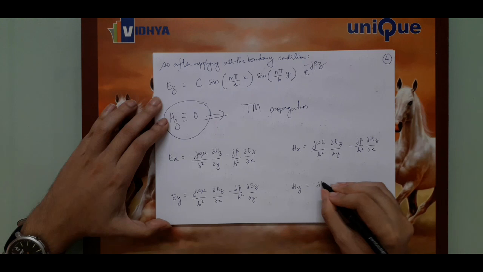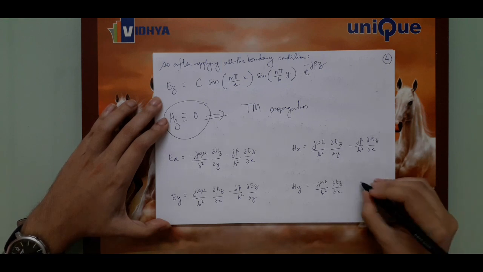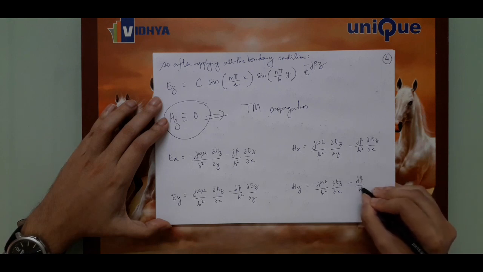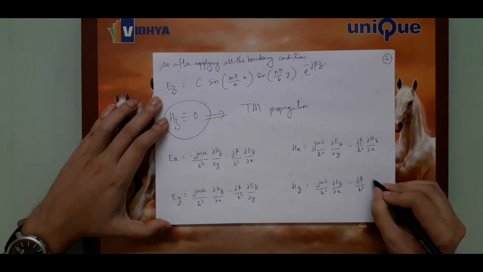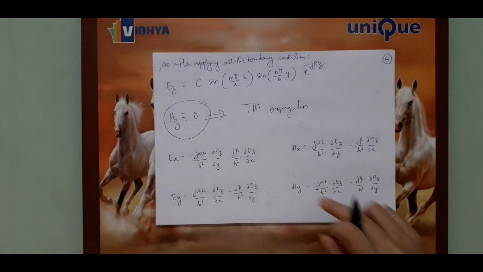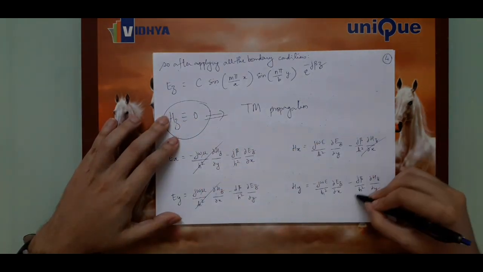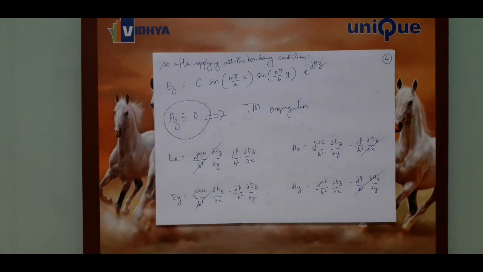And this is minus j omega epsilon by h square dEz by dx, minus j beta by h square dHz by dy. One thing we can say is that Hz is 0. So this term, this term, this term and this term will get nullified.